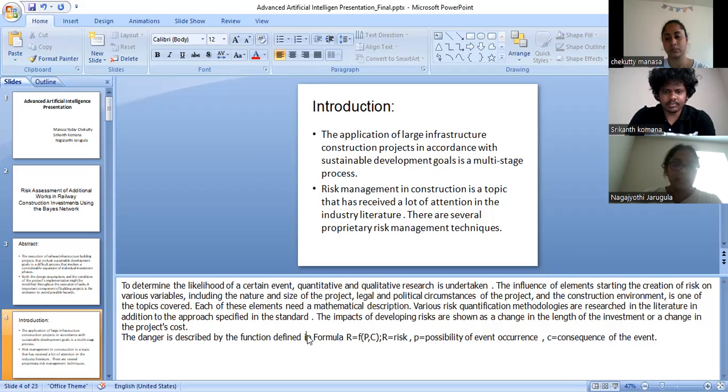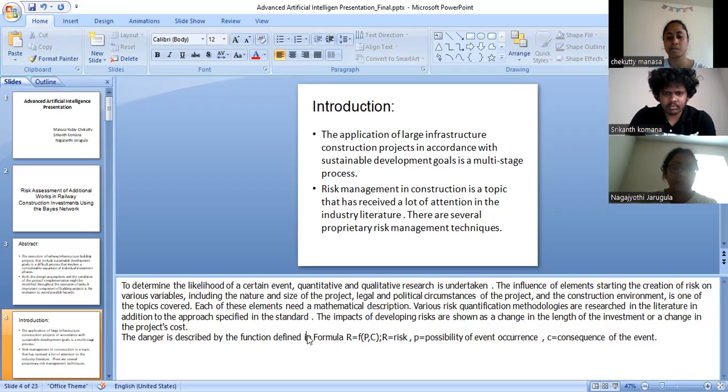To determine the likelihood of a certain event, qualitative and quantitative research is undertaken. The influence of elements on various variables, including the nature and size of the project, and various risk qualification methodologies are researched in the literature in addition to the approach described in the standard.